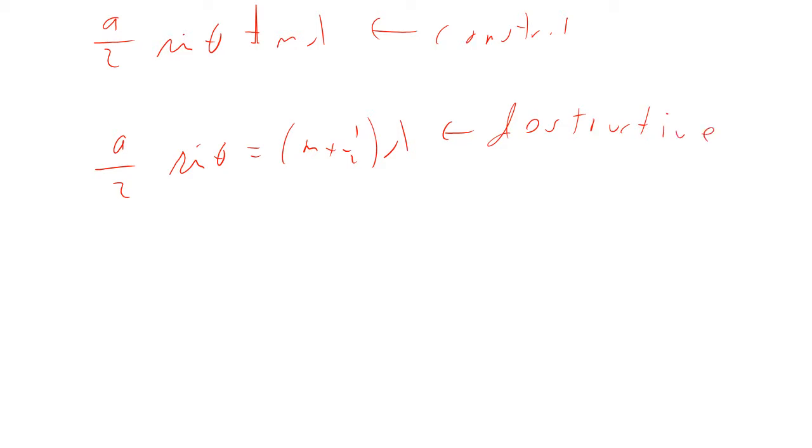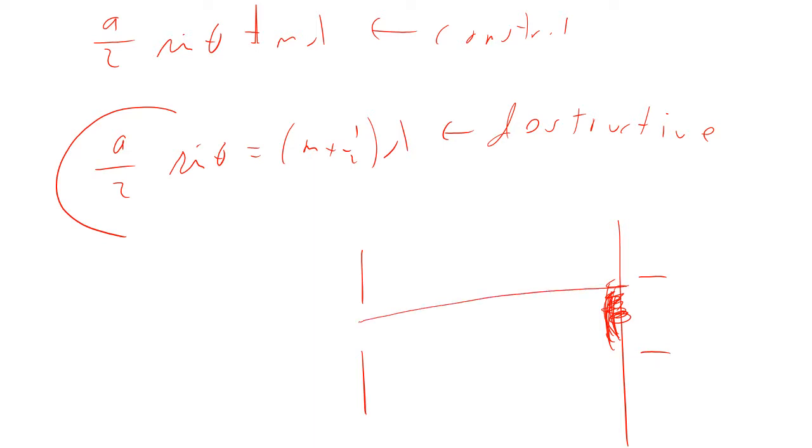Okay, so let's look at the destructive interference for just a second. We have this single slit. It's going to have a bright spot here, and the bright spot is going to expand outwards until you get to the first destructive interference. So the question is, what's the angle to that first destructive interference?